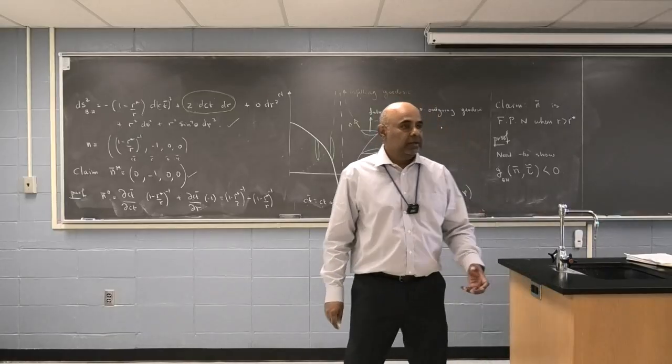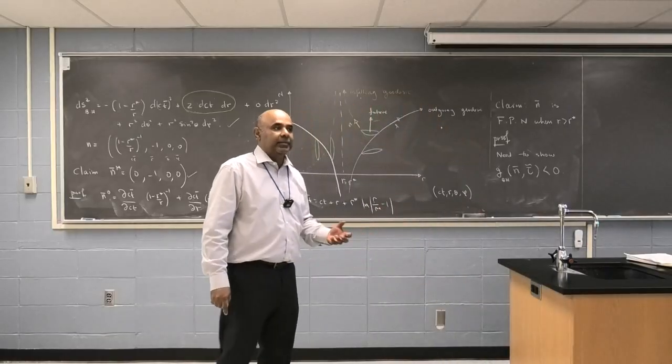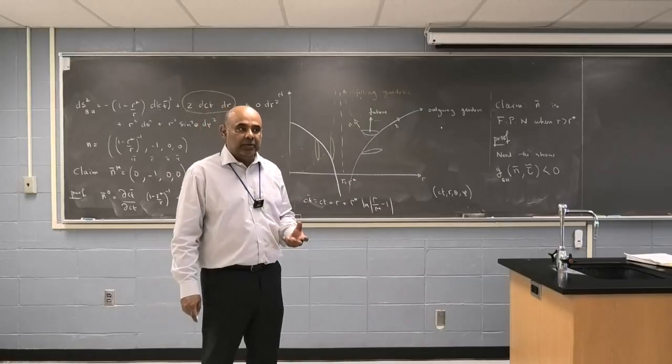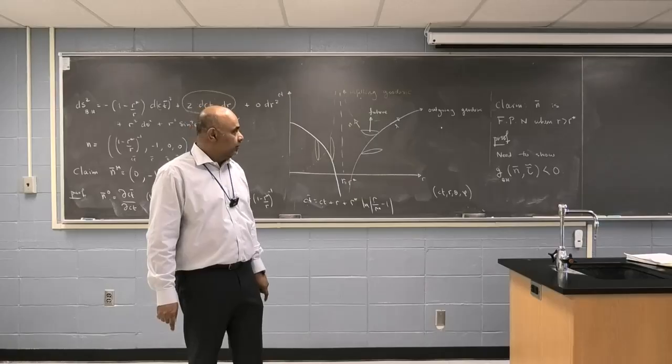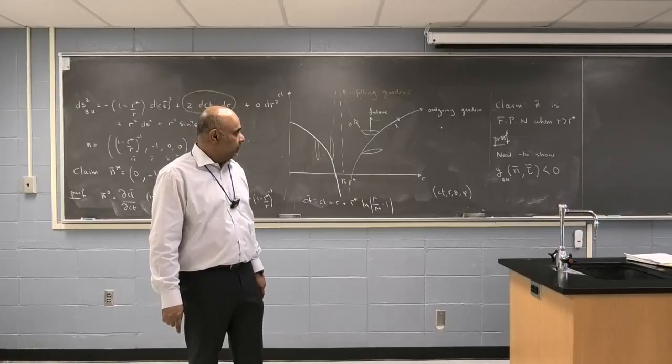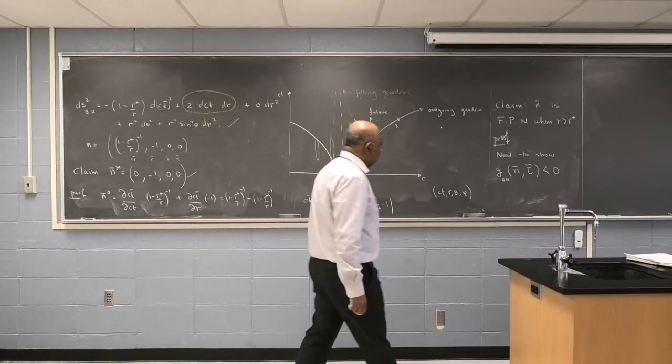The dot product with a future pointing time-like vector should be less than 0. Then it's in the same causal cone. Well, what would it be?